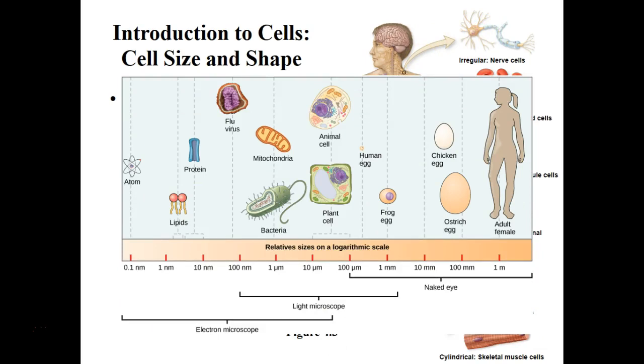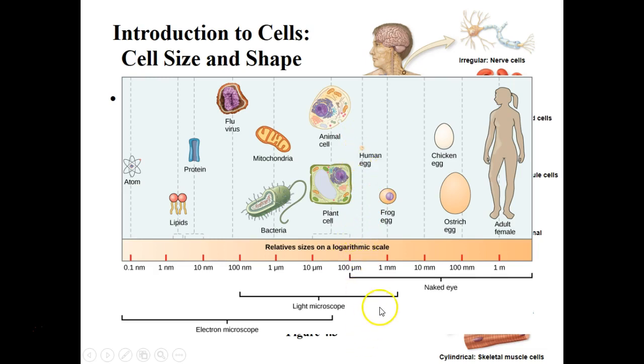Cells can vary in size. Here we have a human egg cell. The human egg cell is one of the smallest human cells that can actually be seen by the naked eye. Not all eyeballs can see the human egg cell. You have to have very good vision, and you have to know where to look to see this size of a cell.